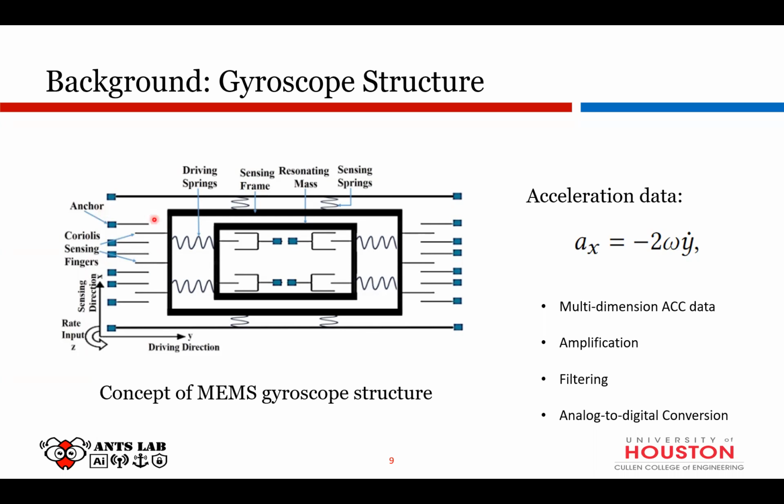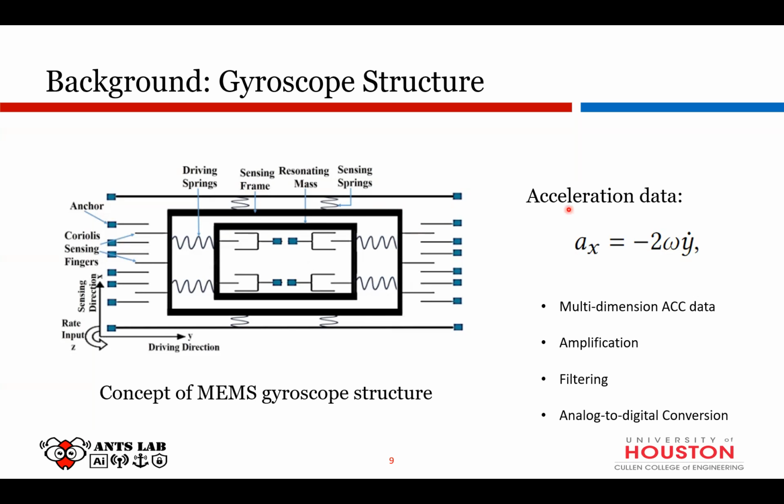The capacity change will influence the voltage or the current inside that MEMS system, so they will give us different readings, indicating that there is some acceleration along that axis.